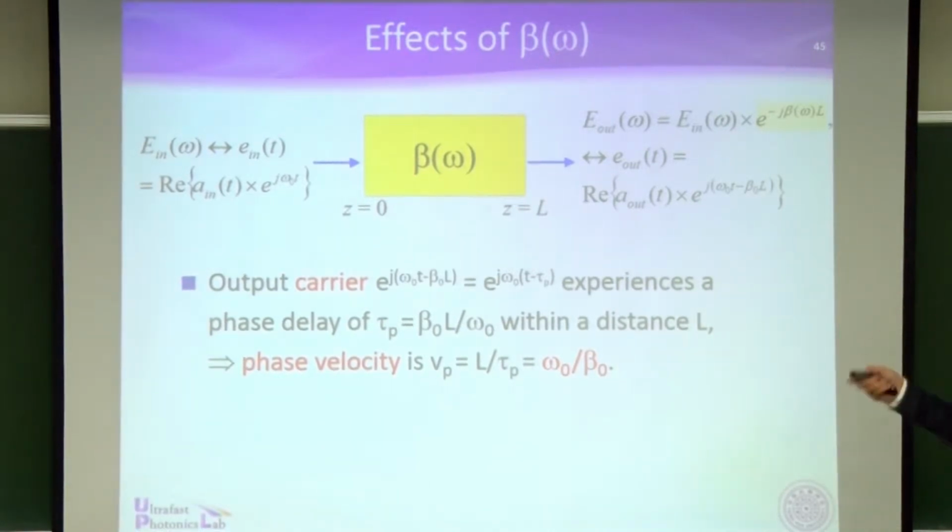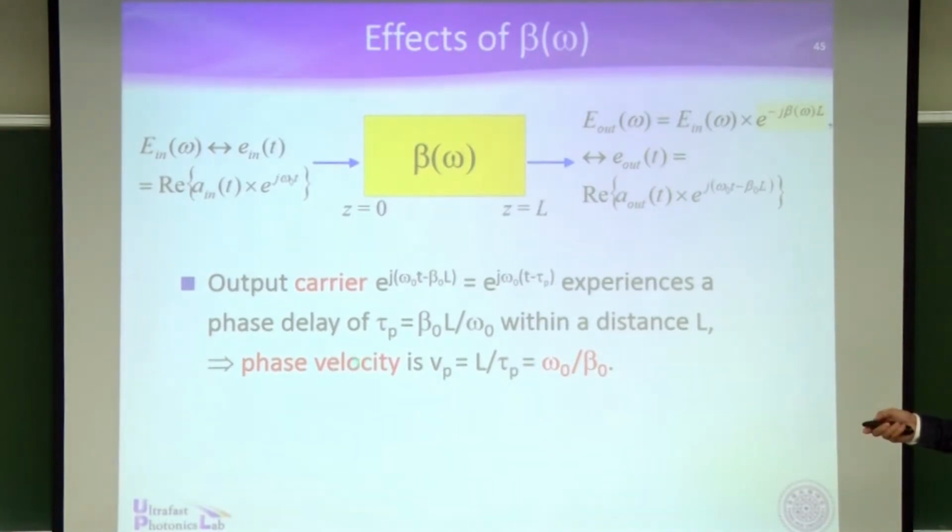So if it takes tau p to propagate over a distance L, what is the corresponding speed? Speed means the distance over the required time, right? So speed Vp equals L over tau p. By substituting tau p with this formula, you get omega 0 over beta 0.